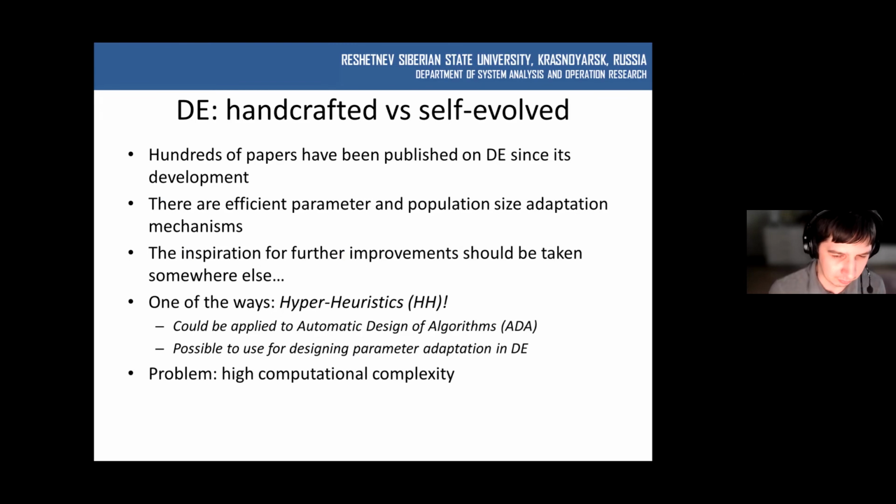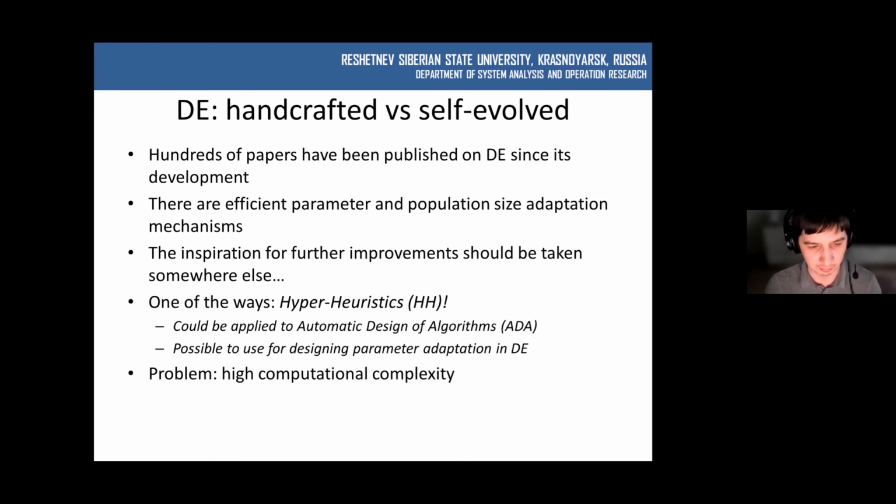But what's important, the part that we should still discuss, is that yes, there are a lot of algorithms, hundreds of papers on differential evolution with different parameter adaptation and so on. Of course, we could get some inspiration from, for example, visualizing algorithms, and it might help. But what if we try to automate the design of heuristics? So this is the so-called automatic design of algorithms, and use it for differential evolution.